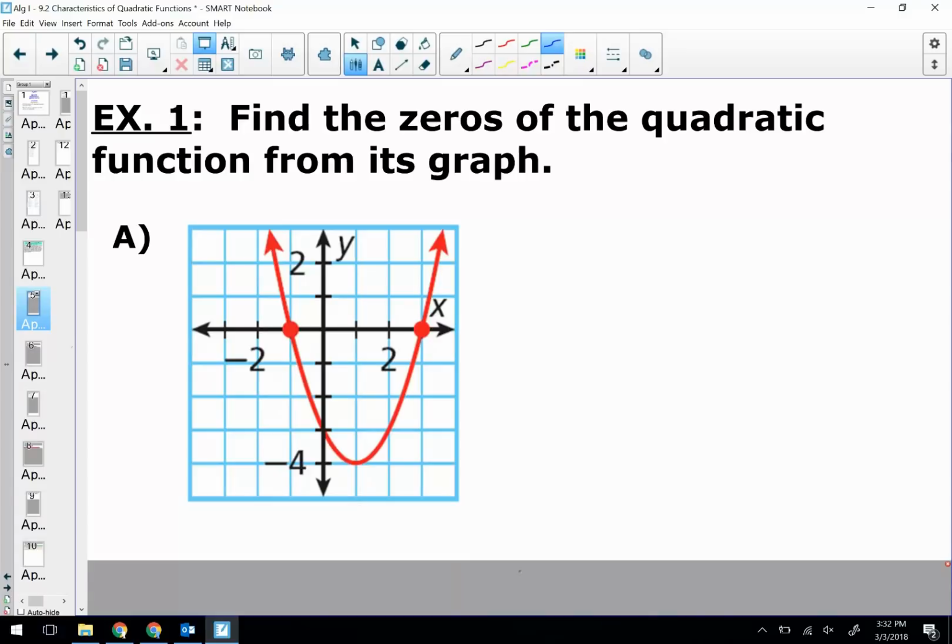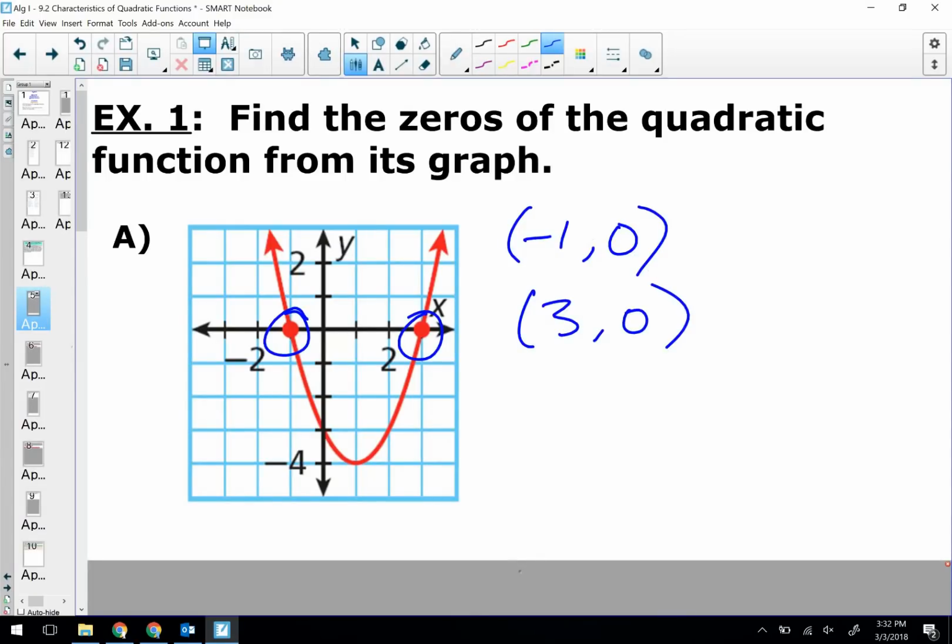Picking out the zeros from a graph is basically just taking a look at where it's crossing the x-axis. For example, like this, it's crossing the x-axis 2 times. I've got big red dots there for you. So the zeros of this quadratic are -1, 0 and 3, 0. Notice that they are both in the form something, 0.